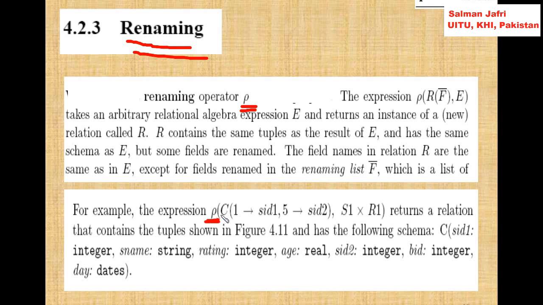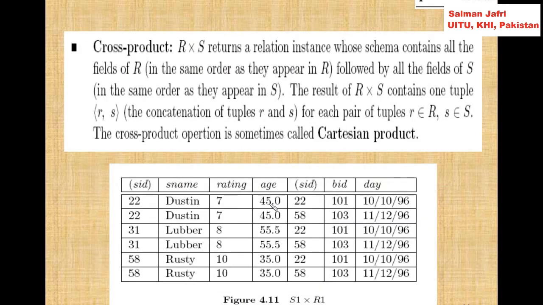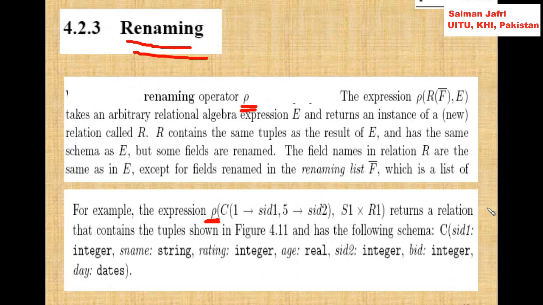And what does this renaming operator do? In relation C, field 1 is renamed as SID1 and field number 5 is renamed as SID2. So if we look back, this would be renamed as SID1 and this would be renamed as SID2. So that is basically the result of this renaming operator, and this new relation would be called C, and this is denoted as this particular answer.